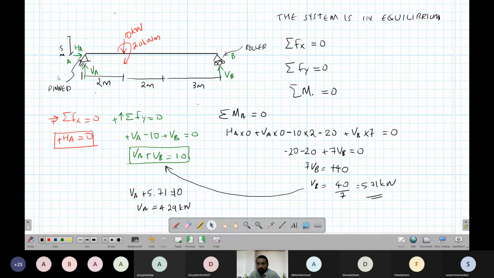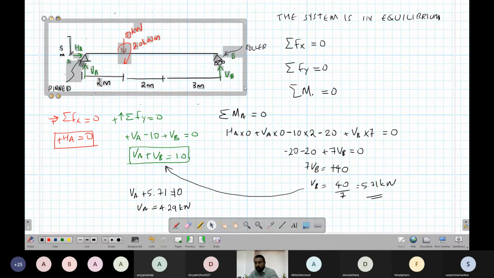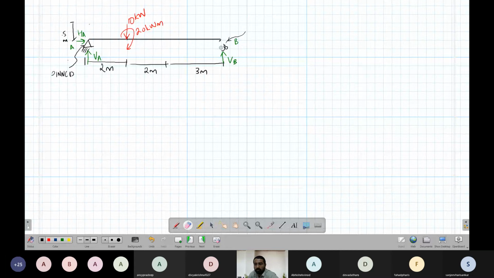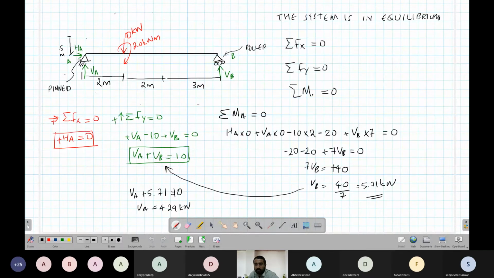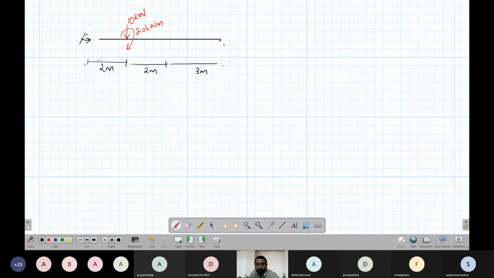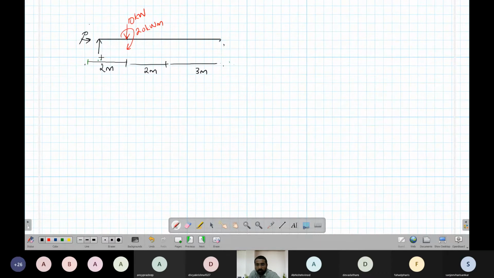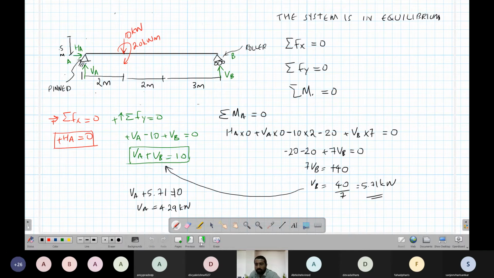Let's copy this. So we have HA 0. We have VA as 4.29 upward, and we have VB as 5.71 upward.